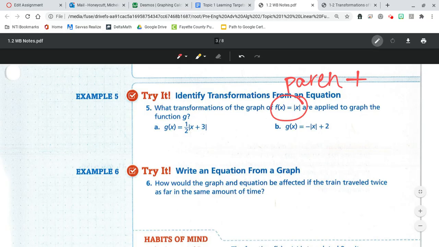I apply the order of operations to figure out what transformations happened and in what order they happened. Parentheses, exponents, multiplication and division, addition and subtraction, left to right. Parentheses are grouping symbols. So on example A, I've got these grouping symbols right here. I'm going to go in there, find x, and see what happened to x. Well, we added 3 inside the x. When you add 3 inside of a grouping symbol, that's our very first transformation.